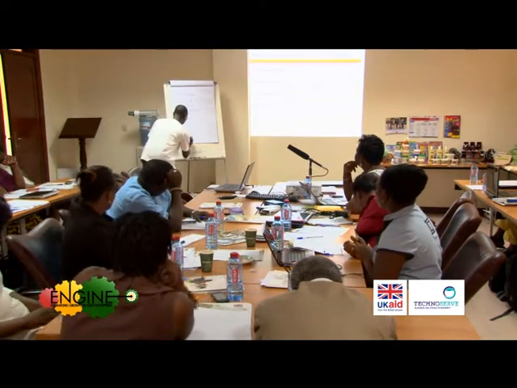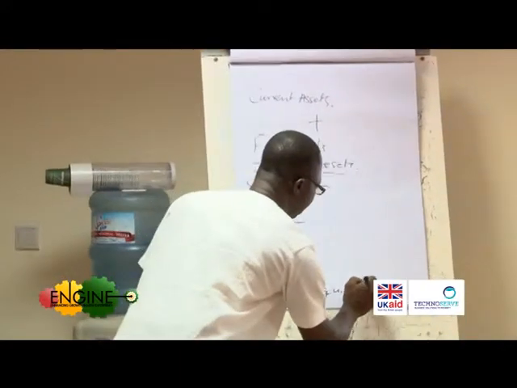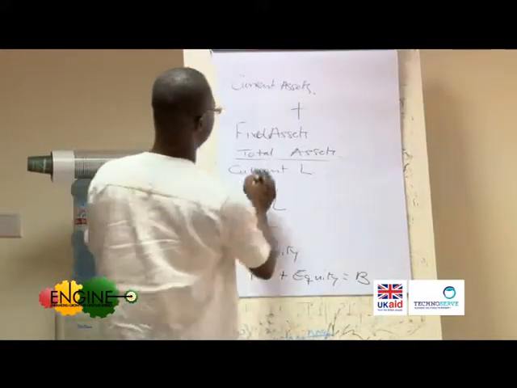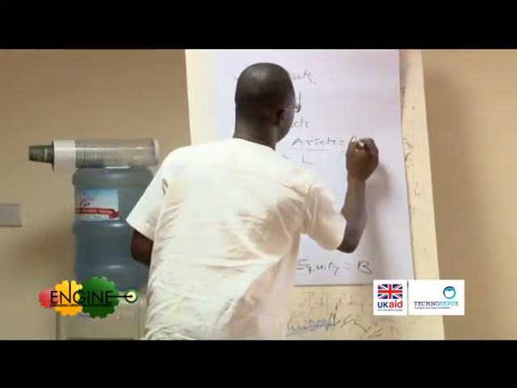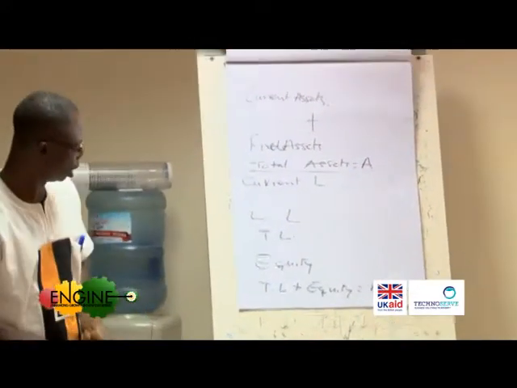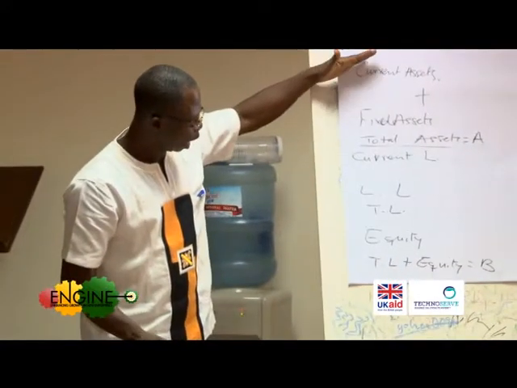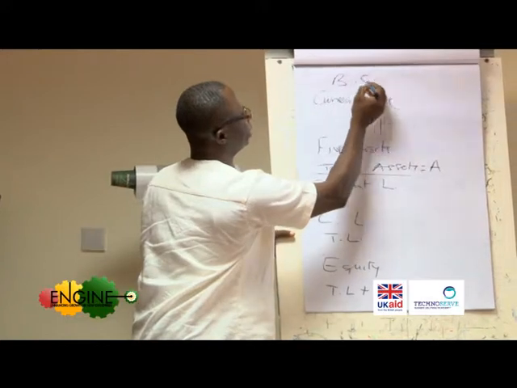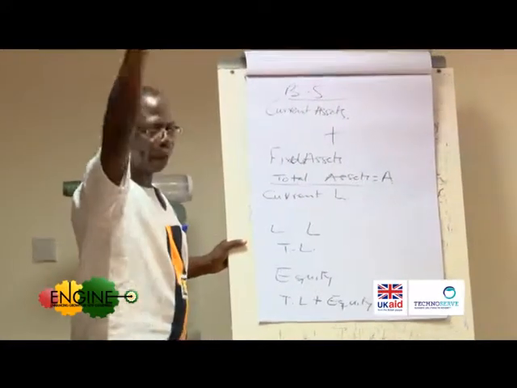Total liability plus equity, or shareholders' contribution. Now the figure that we get here, let's say this one is B. And then total assets here is A. Our balance sheet. This is our balance sheet. For a period.